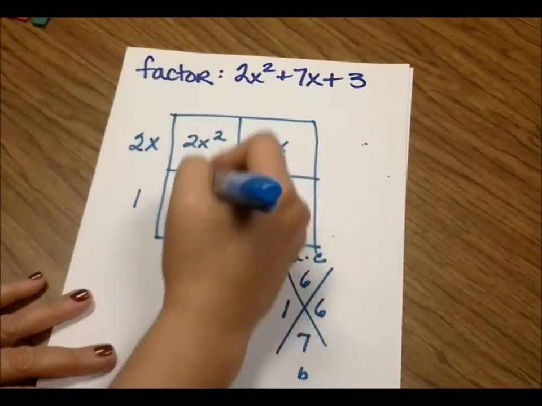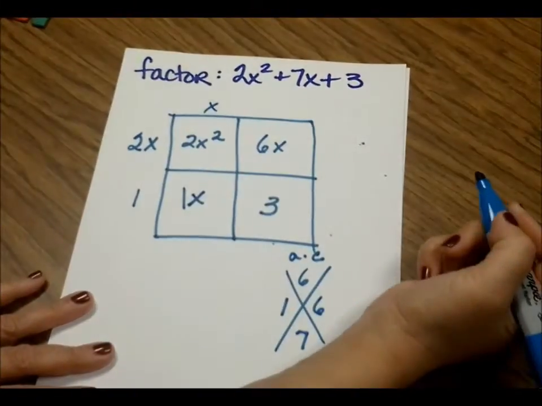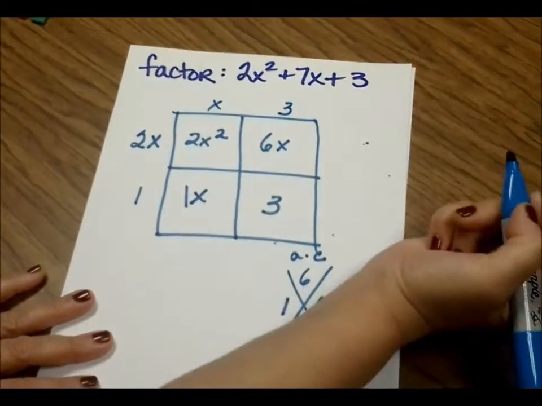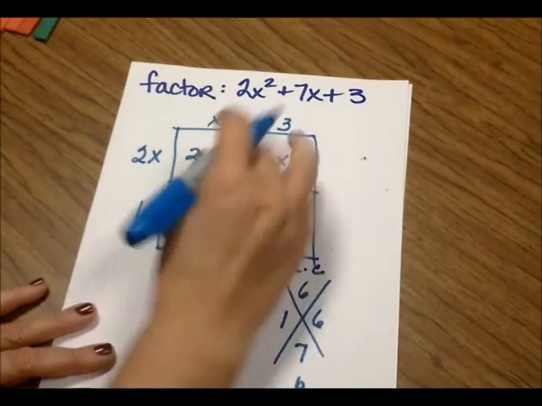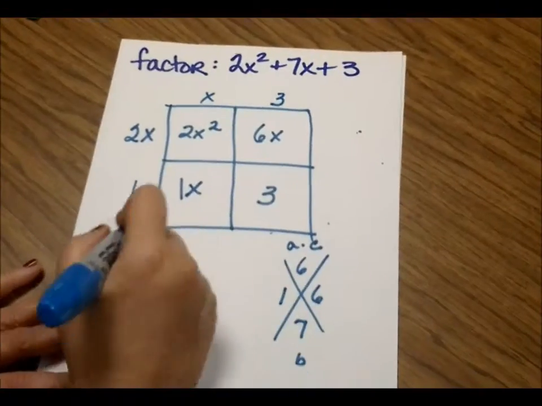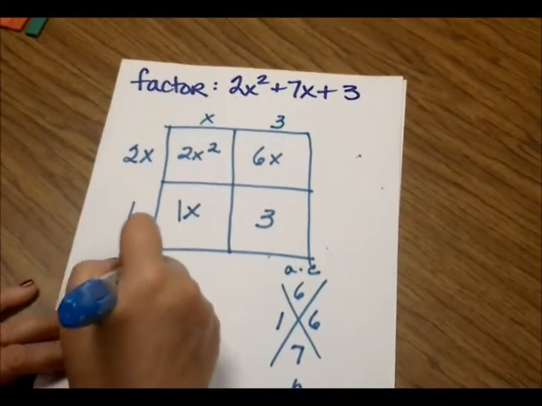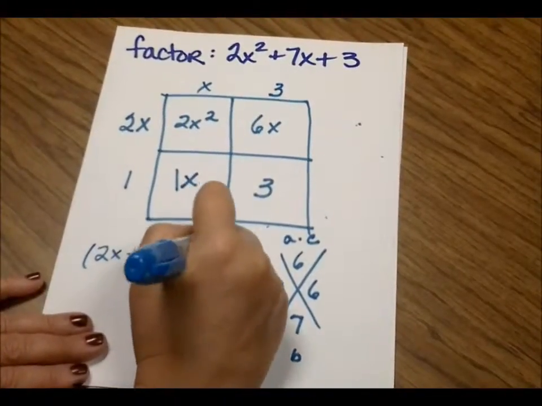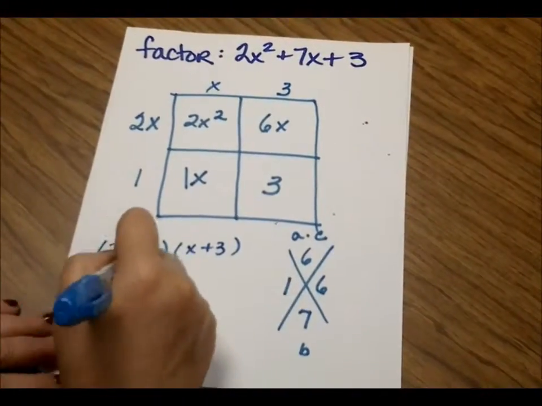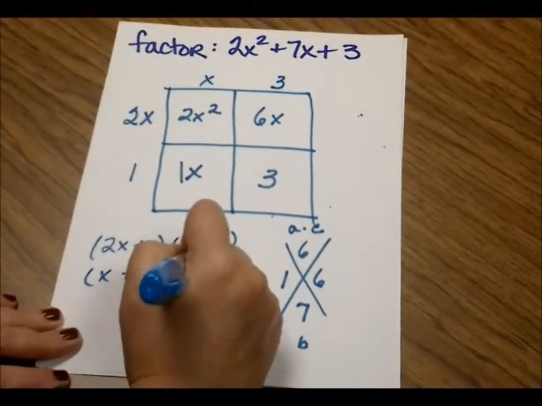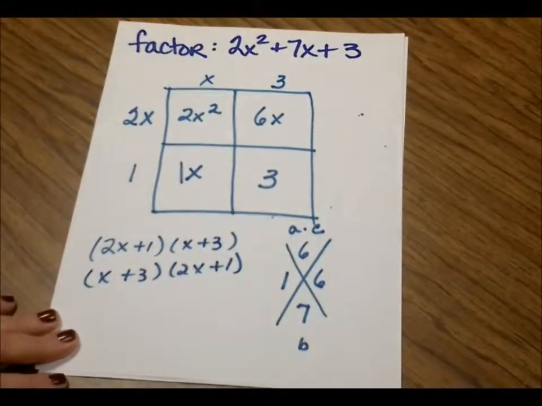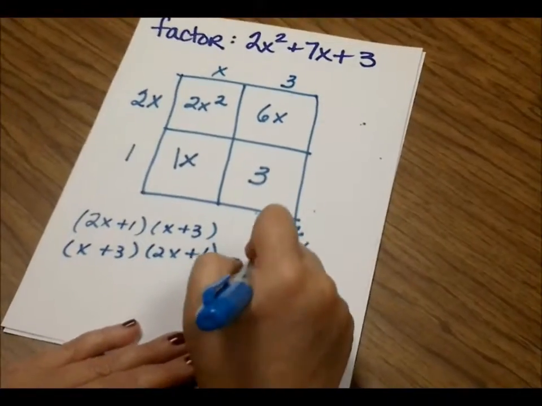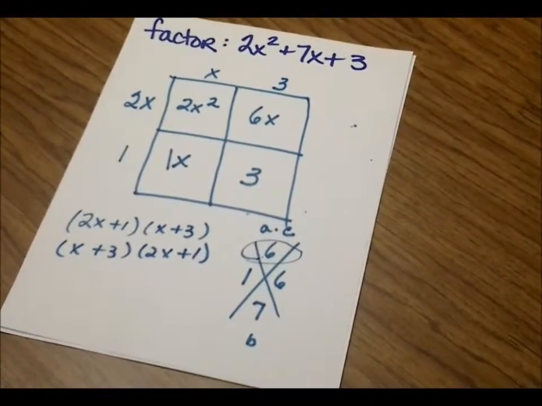Going this direction, they have an x in common. And going this direction, they have a 3 in common. Everything is positive because both of these are positives. So my factors become 2x plus 1 and x plus 3, or x plus 3 and 2x plus 1. These do get a little bit more complicated because you have to find this factor here of what you're actually going to find the factors for.